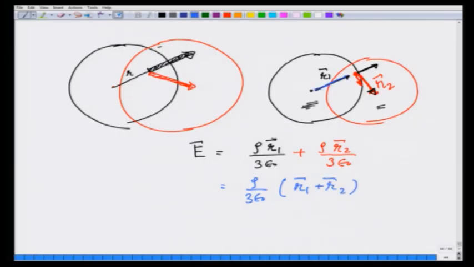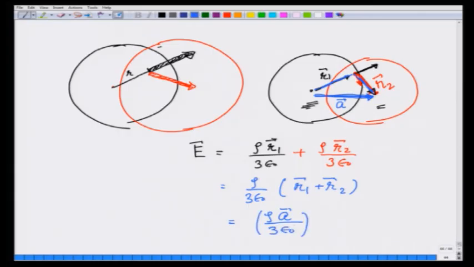This is the r1 vector, this is the r2 vector. So, their sum is this vector, whose magnitude is the distance between the centers of these spheres, and the vector is from the positive charge towards the negative charge.